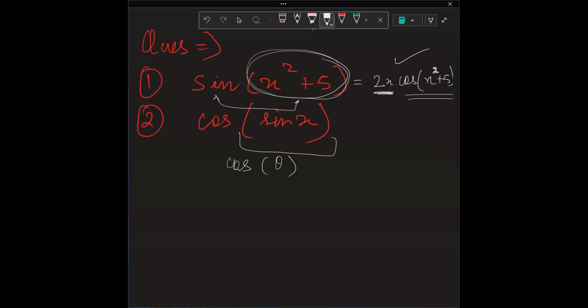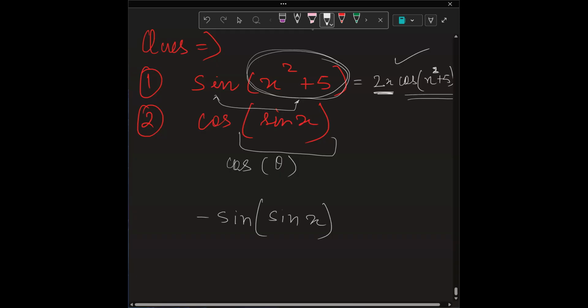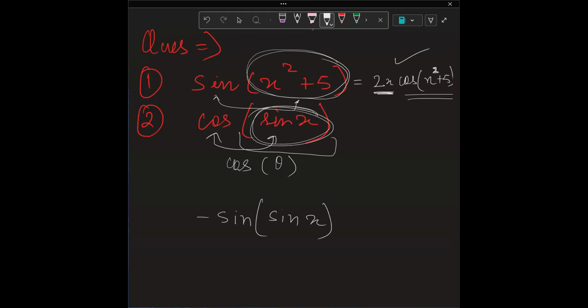So minus sin x, and now ये आपका हो गया cos theta. Now this is inside your function, so you have to use chain rule. And what is the differentiation of sin x? That is cos x.